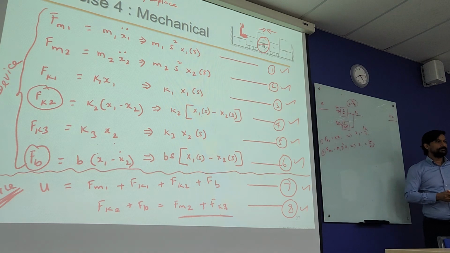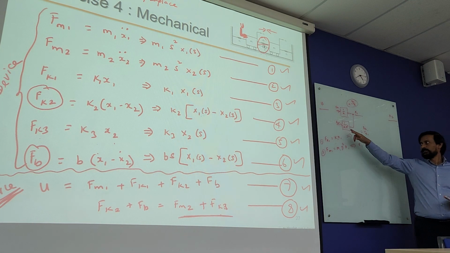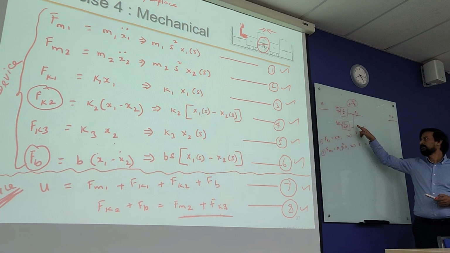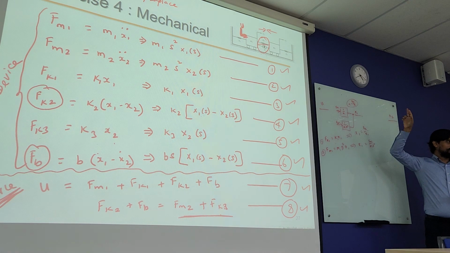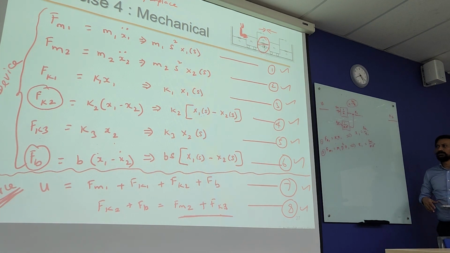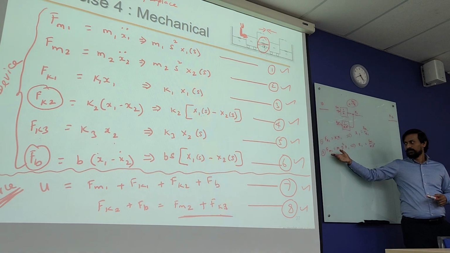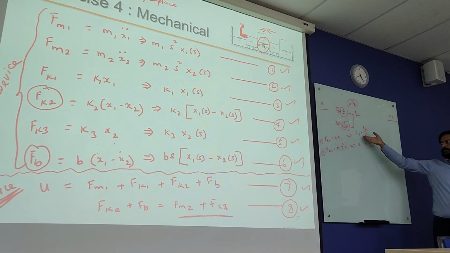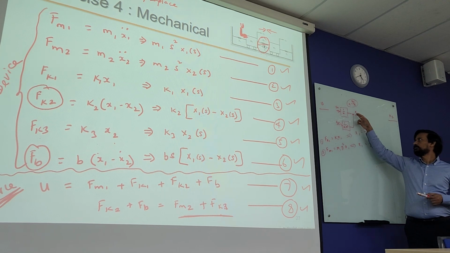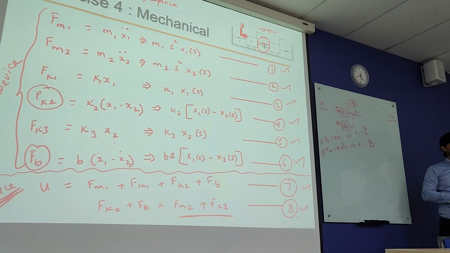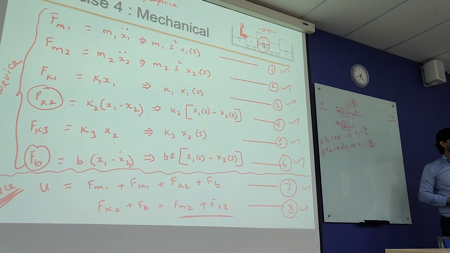Can I write it this way? Force of m1 multiplied by this is equivalent to the x1. So you need to build from equations 1 and 2 already. Try to equate x1 and x1 over here. When you come over, you will get the x1. Are we good? We have a question.